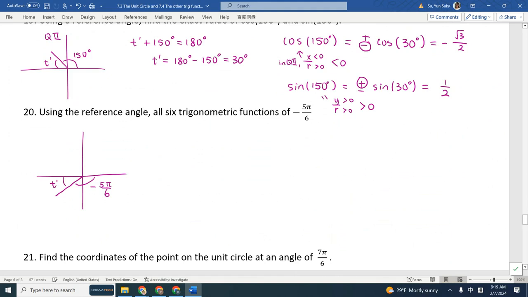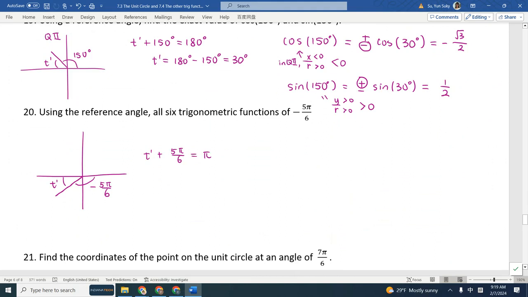Now look at the picture. If this angle is 5 pi over 6, what's T prime? T prime plus this 5 pi over 6 equals pi, from the picture, right?